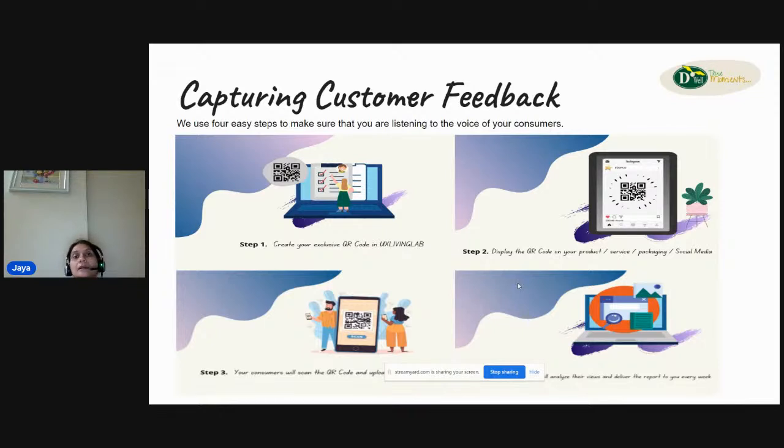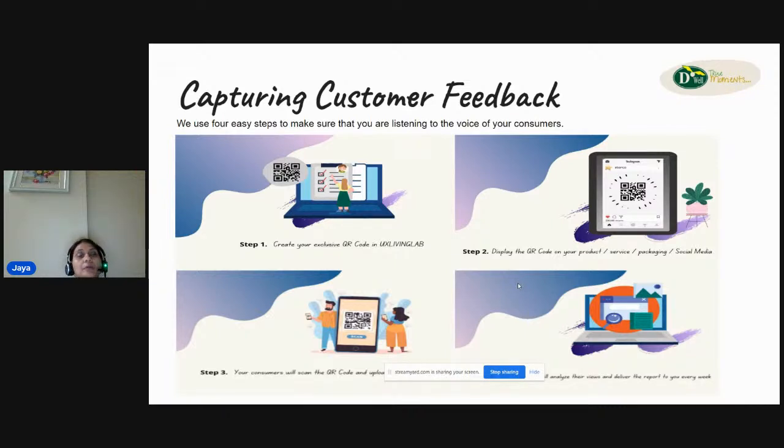A person can review whether the toothbrush is convenient, whether it is good or bad, or whether they are experiencing any problems with it, with the battery, with the Bluetooth, anything. So they can put that review on the feedback form by scanning that QR code.